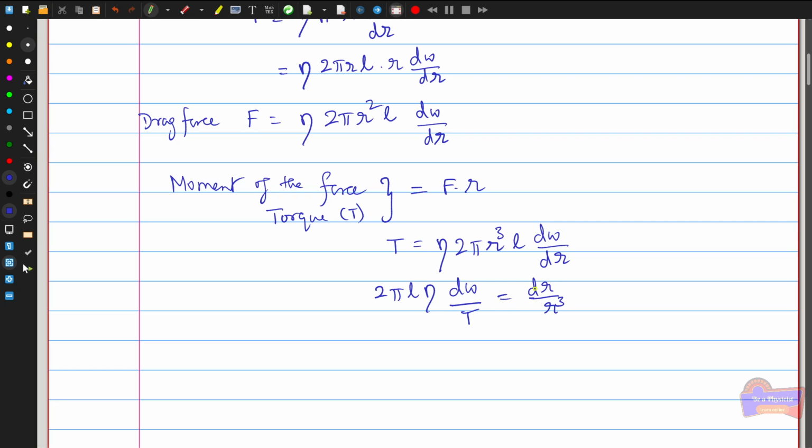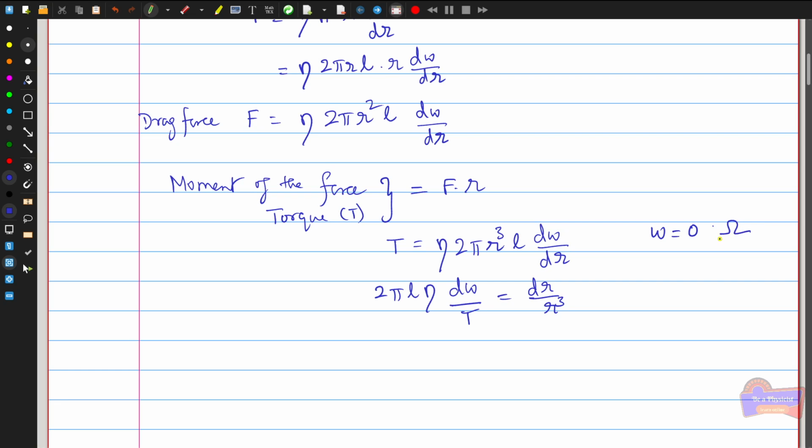I have taken all the r parts to one side and the remaining parts to the other side, so that the effect of the whole fluid in between the cylinders A and B is obtained by integrating this expression with the limits of omega from 0, since omega is 0 at the inner cylinder, to capital Omega, the angular velocity near the outer cylinder.